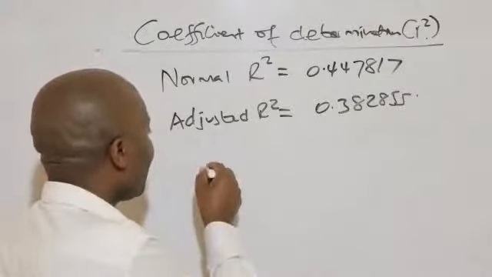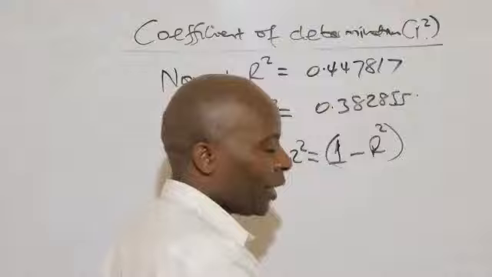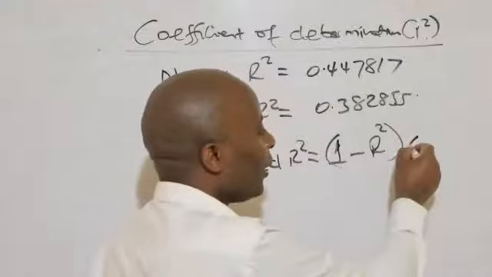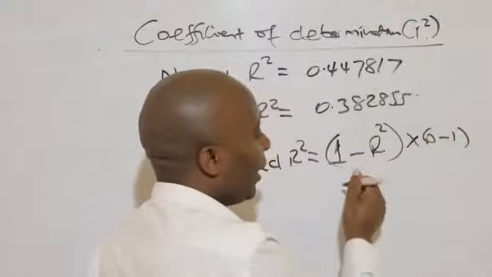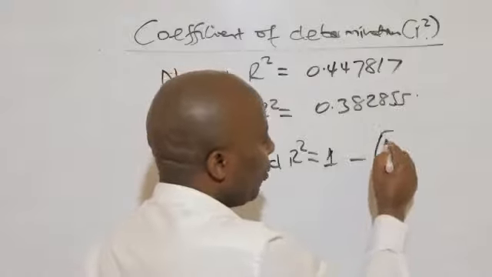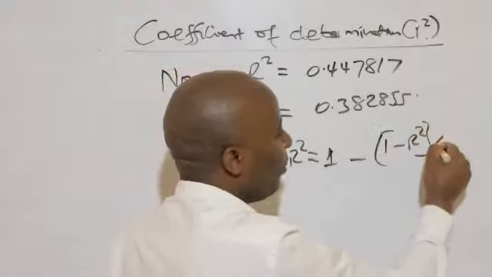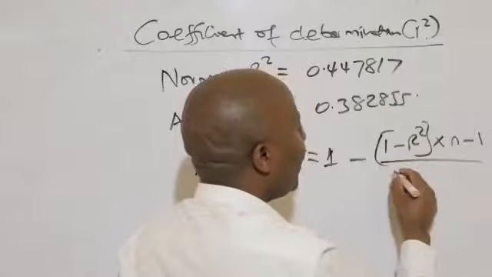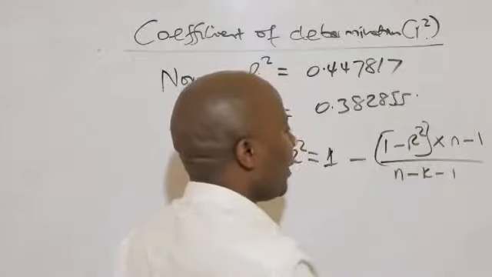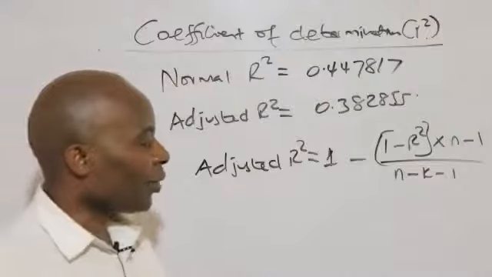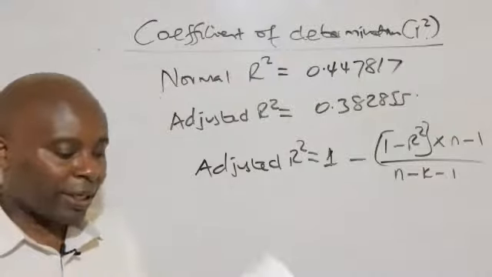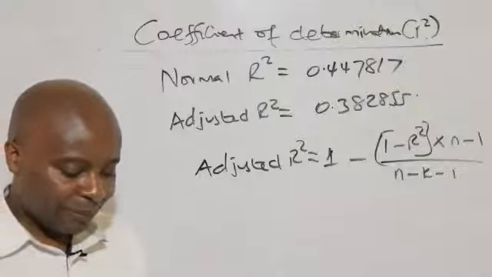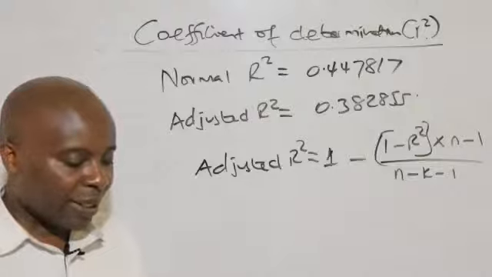I'll come with 1 minus, and on top, 1 minus the normal R squared, multiplied by n minus 1. And then we have n minus k minus 1 below. N minus k minus what here, somebody? Minus 1. N minus k minus 1.